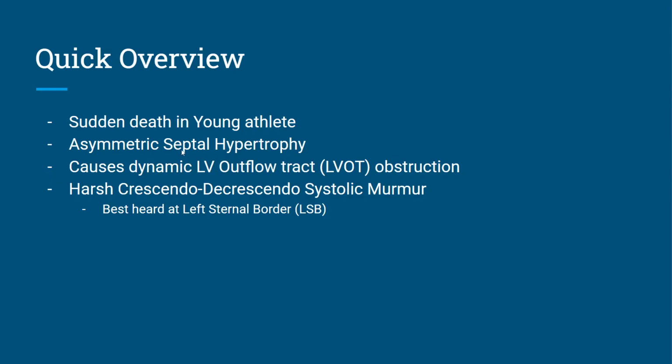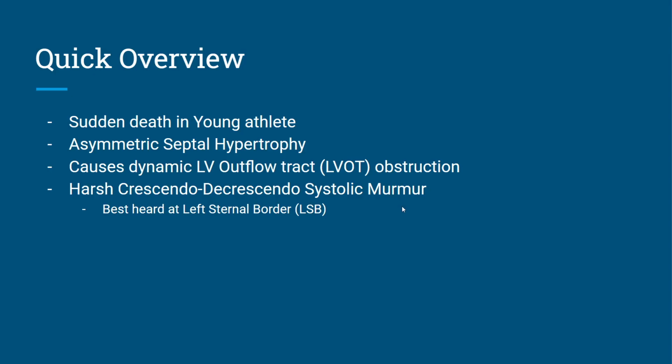I feel like the most important thing from this slide is definitely the asymmetric septal hypertrophy. That's something you should definitely know. And the death in a young person is pretty relevant as well because it leads you to HOCM.